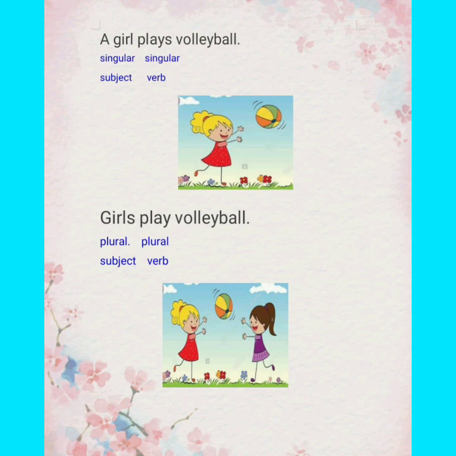That is girl, and the girl is a singular subject. And as you can see, the verb is also singular, that is plays, P-L-A-Y-S. But in another example, girls play volleyball. Now the subject is plural because we are talking about girls. That's why the verb is also plural.